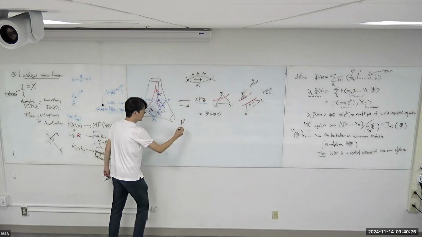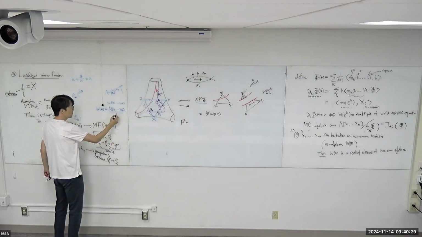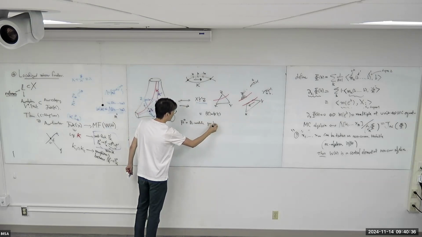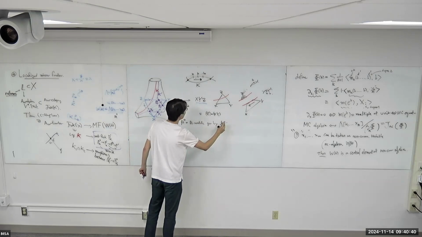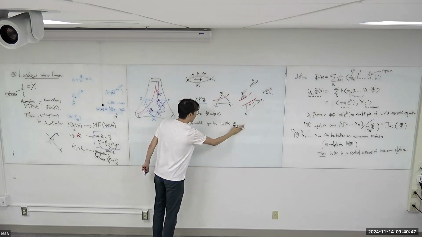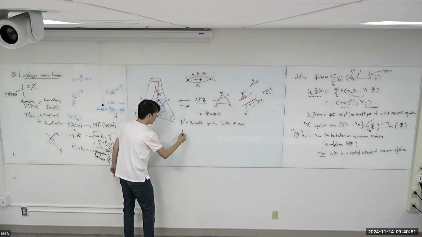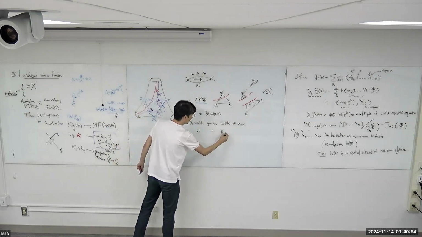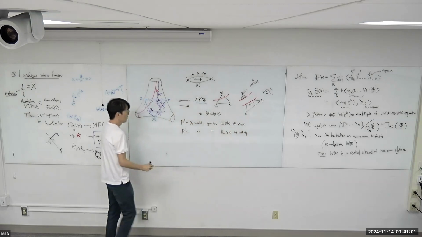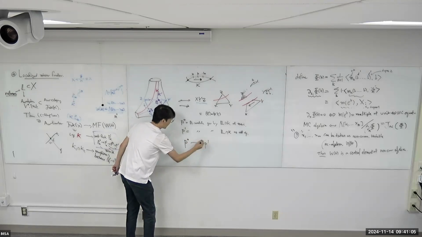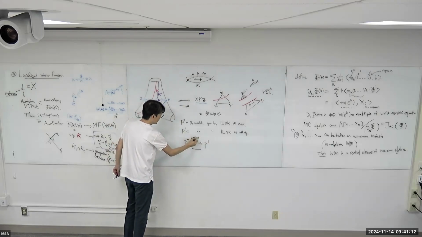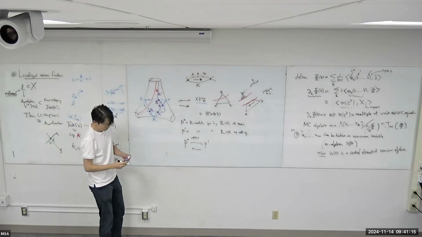So P0, let's say the coefficient ring is R, and let's say it is the R module generated by K intersection L of even degree, and P1 to be the R module generated by L intersection K of odd degree, and the maps from P0 to P1 and P1 to P0 are given by counting this kind of maps. And let me show you how it works in practice.